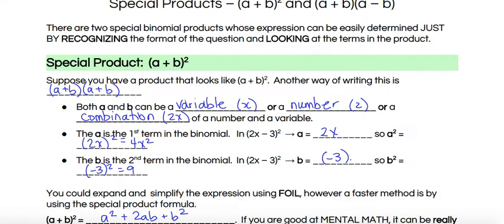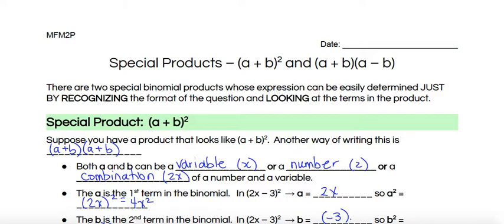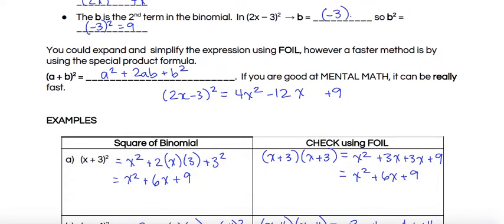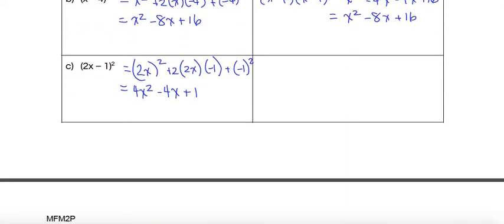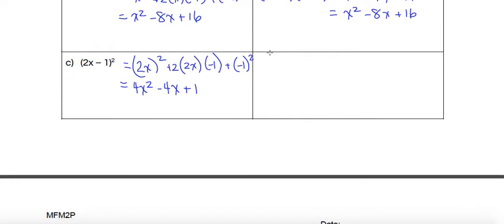And again, you can use FOIL if that's an easier strategy. If you just want to remember one strategy, you can use FOIL. It doesn't matter to me which method you use as long as you are coming up with a method that works for you. So 2x minus 1 times 2x minus 1.